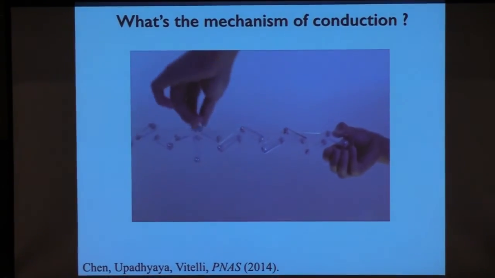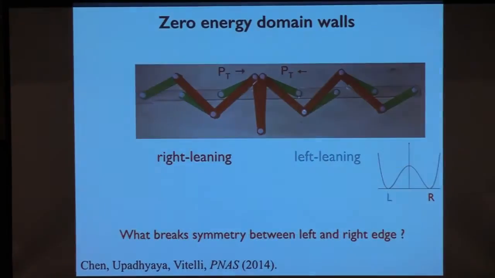Working throughout. So why am I making a big fuss about this domain wall? Here I hope that if I lost you when I was going through these talks about the polarization, I can get you back. There's a signature in real space, which is this direction of the rotor.